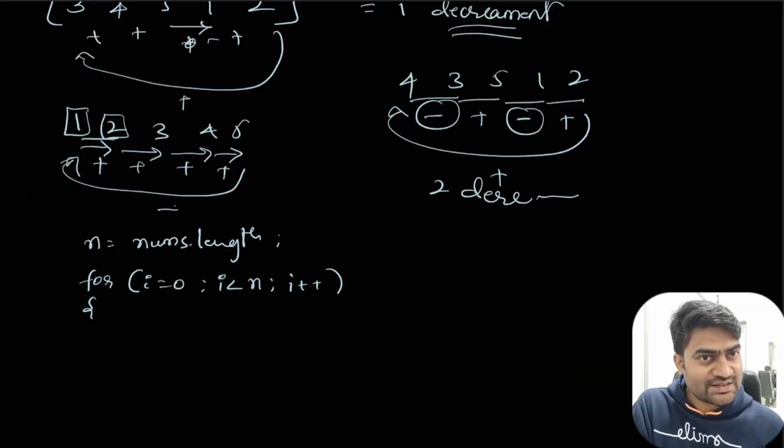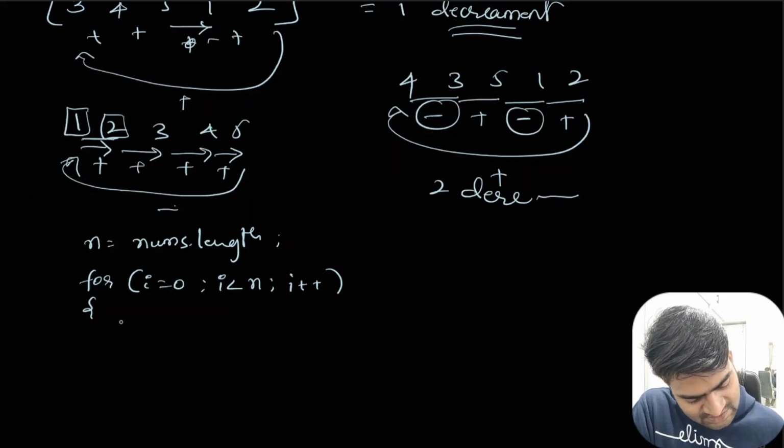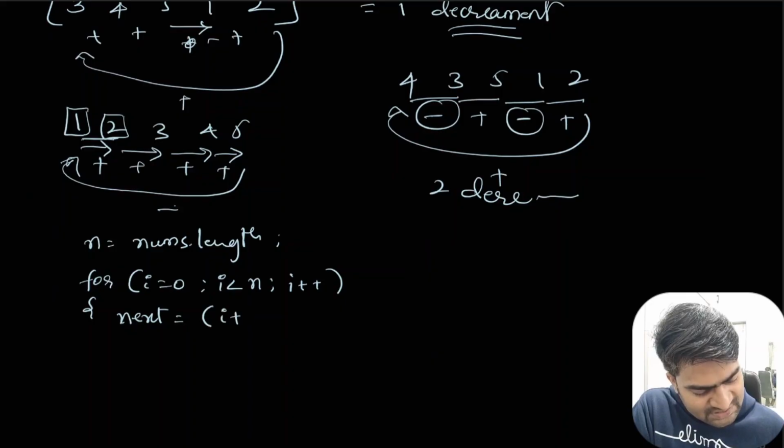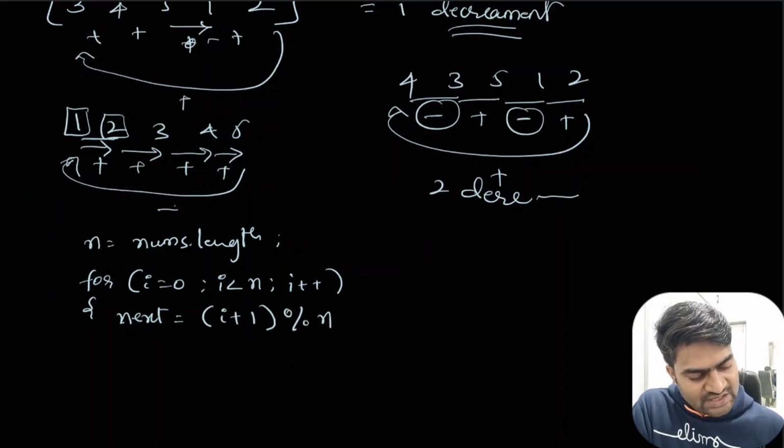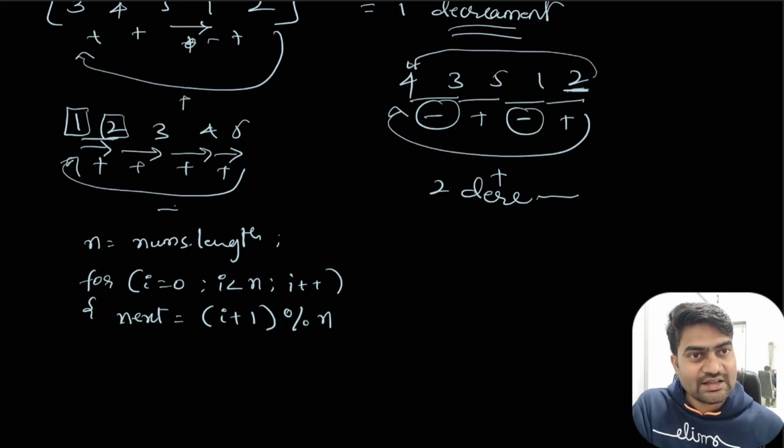If the next element is less than the current element, then there is a decrement, right? So before that, I will take a variable next, then i plus 1, but you need to do modulo n, because when it reaches the last number, it has to take the 0th index number as the next number, because it's a circular kind of array.